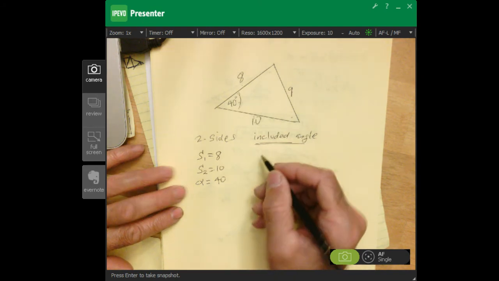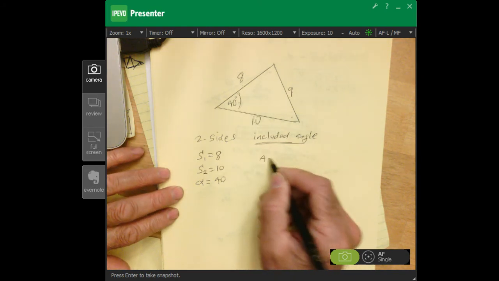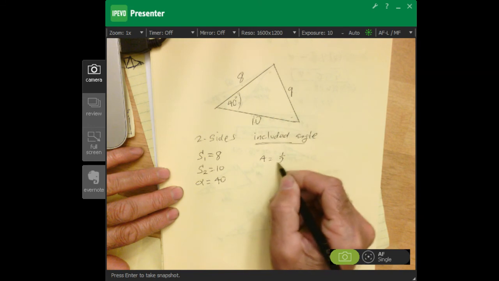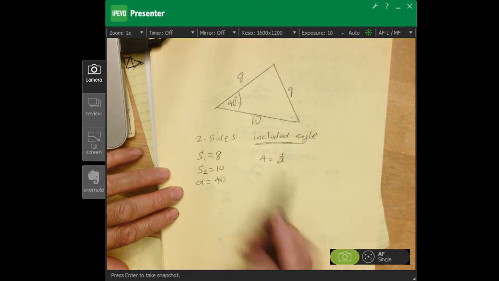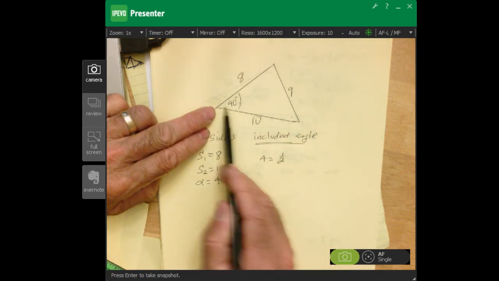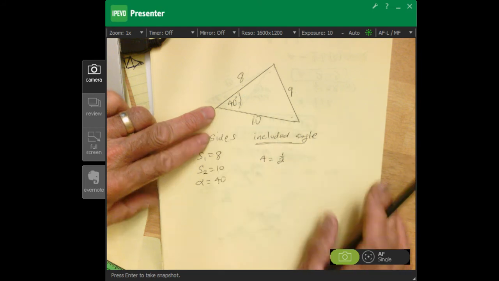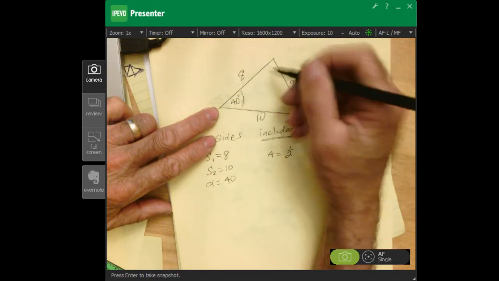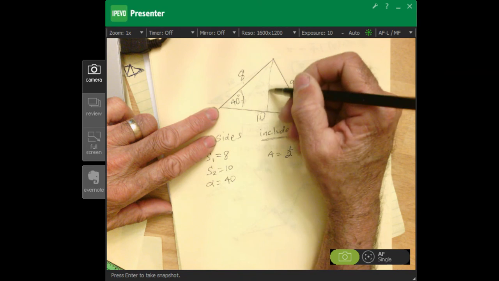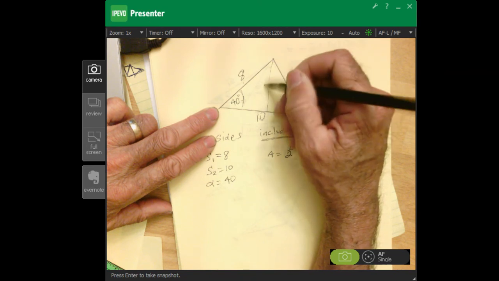So remember, the formula we have for this is going to be 1/2 times the base. Now in this case, I'm going to use this as the base. So that's the bottom. We're going to go straight down, and we're going to find this distance right here.